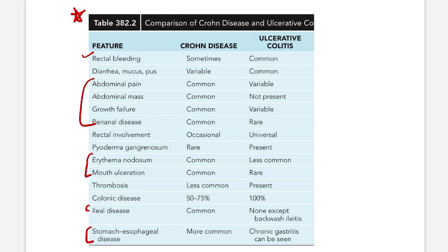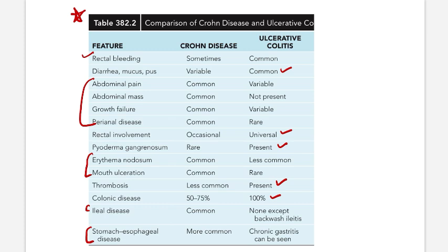For ulcerative colitis, it is actually rectal bleeding, diarrhea, mucus and pus, which is rectal involvement, and pyoderma gangrenosum, thrombosis, and colonic disease 100%. The others are less common.